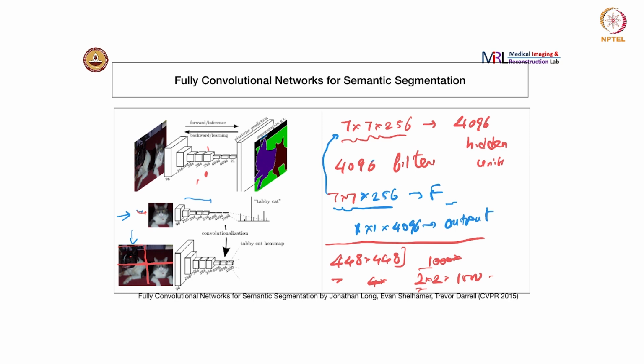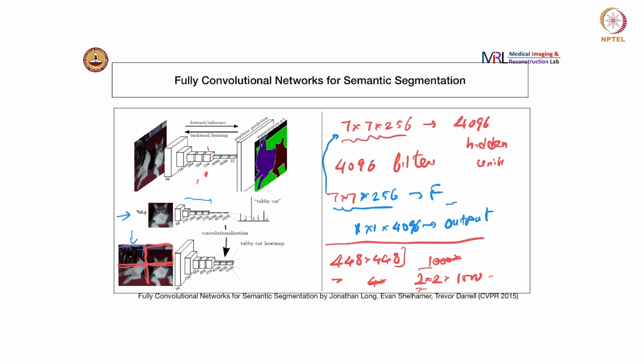Let's say the first feature map is cat. Then for this particular block, what is the probability of it being cat? This particular block, what is the probability of that being cat? And so on and so forth. If you go to the second feature map, let's say it corresponds to the class dog, then it will do the same thing, except that now the probability values would indicate that of being a dog.